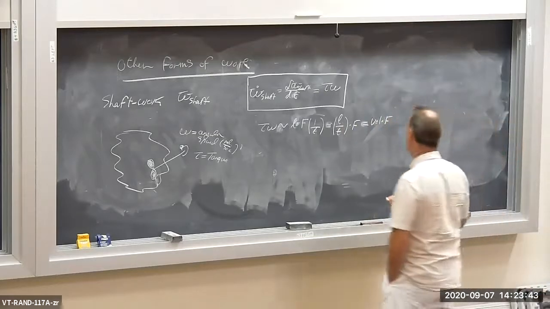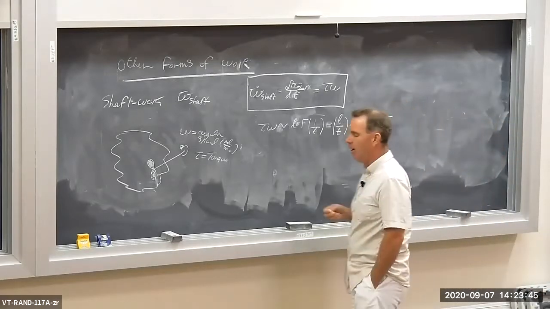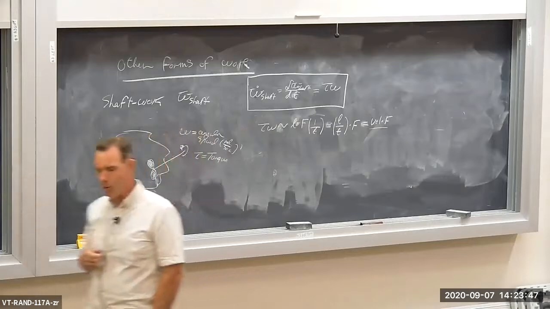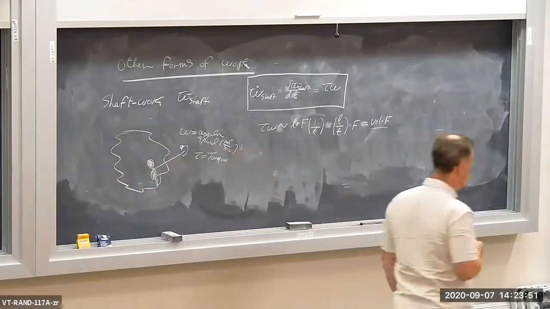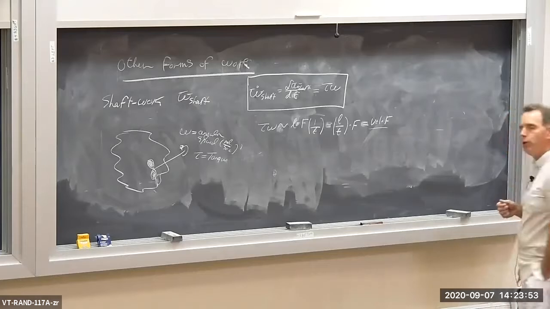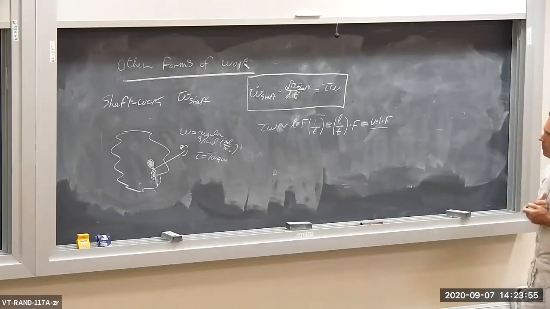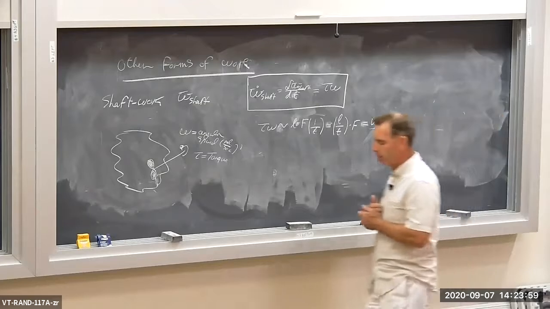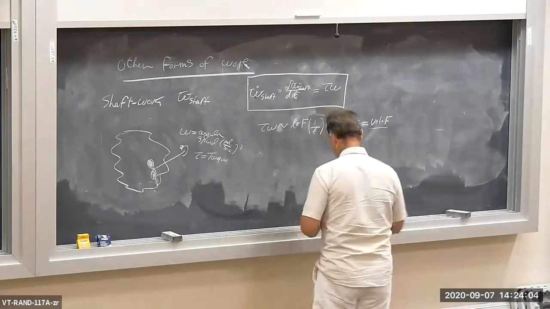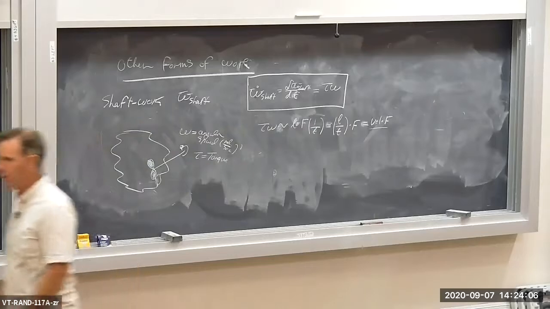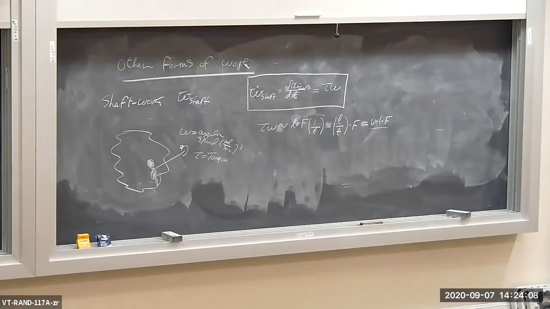So torque times angular velocity gives me velocity times a force, which is power. Work per unit time. So shaft power, W dot, is equal to the torque times the angular velocity, okay? So that is shaft power.